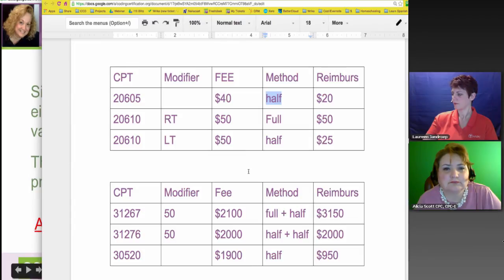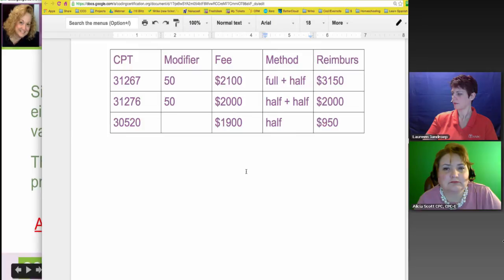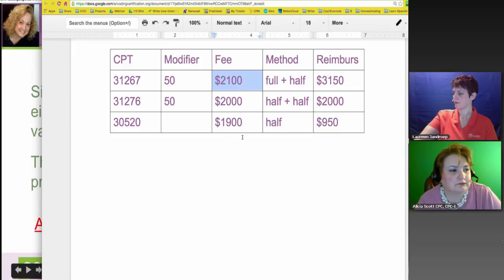Now, in the next example, we have two procedures that have a 50 modifier on them. The same rules apply. Which one has the highest value? In this case, 31267 has the highest value for a single line, not with a 50 modifier, just a single.